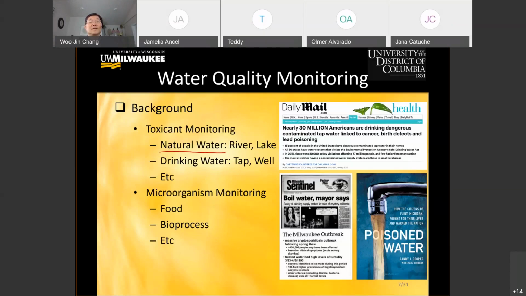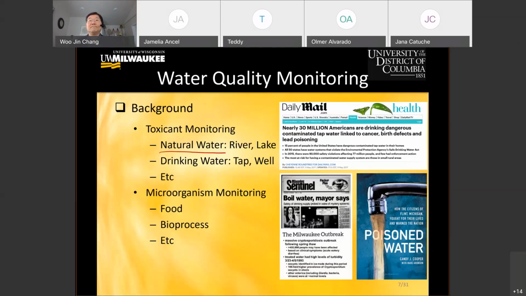But the fact is, it will always be good to have a cheaper device that can do this monitoring very quickly and on site. So instead of this roughly 500,000 dollar device, if we can have something cheaper and do the detection quickly, it will be a great plus for our safety. So that is the reason that I am developing this water quality monitoring.